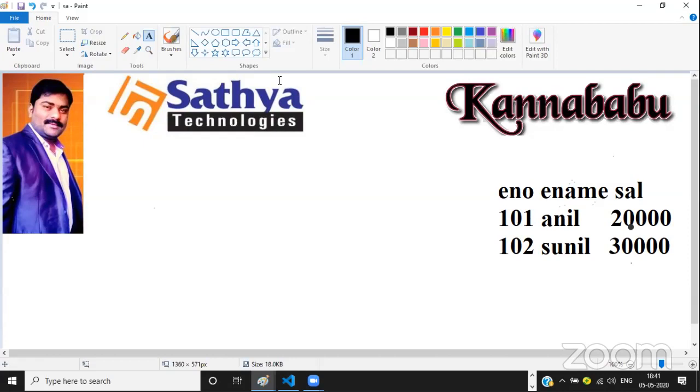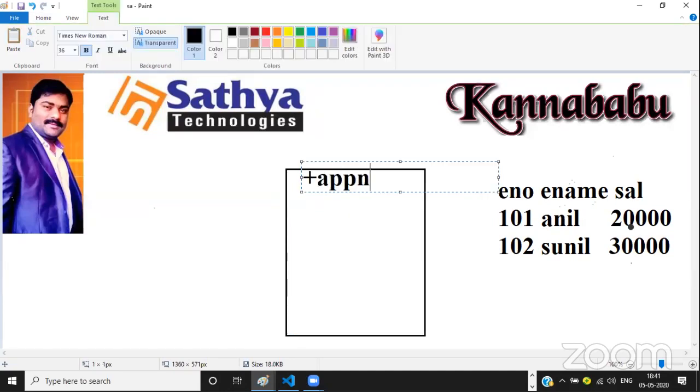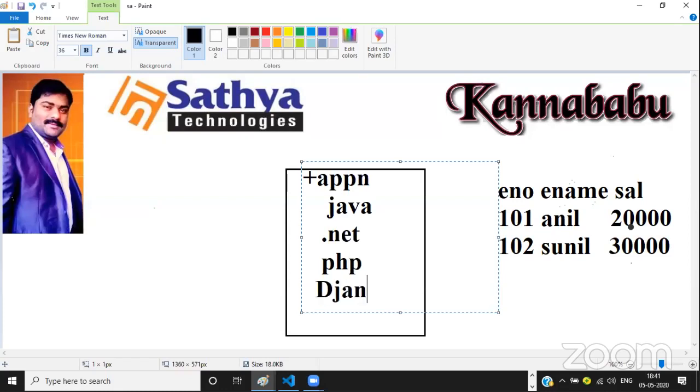So if the end user wants to communicate with the databases, we have to develop some applications. We develop some applications called web applications, either by using Java or .NET or PHP or Django. Developers, you all are developers. Developers will develop some web applications.